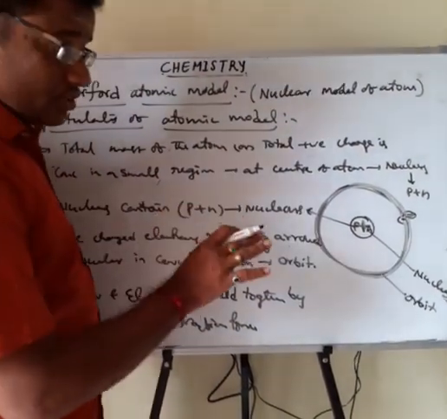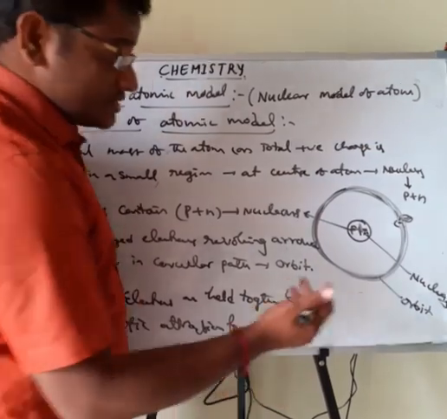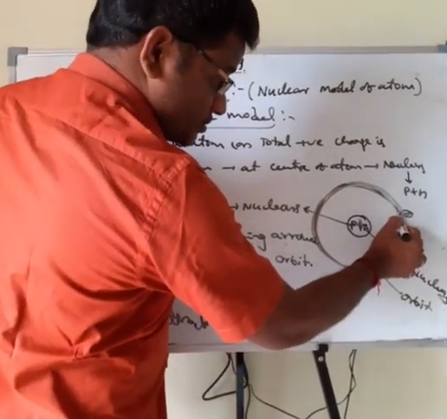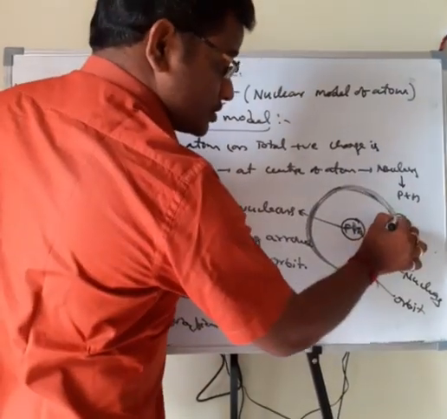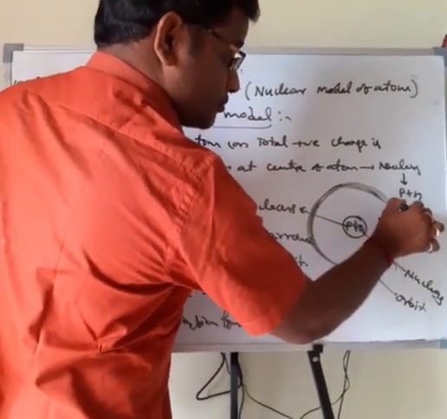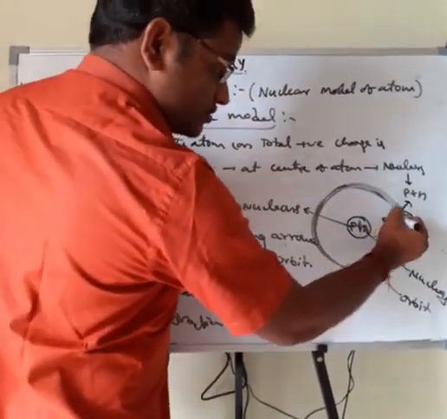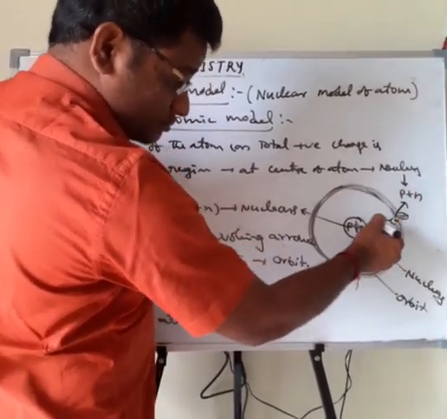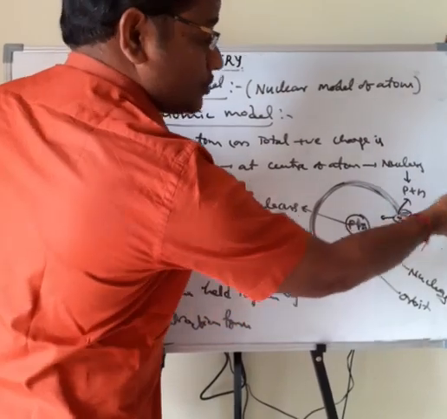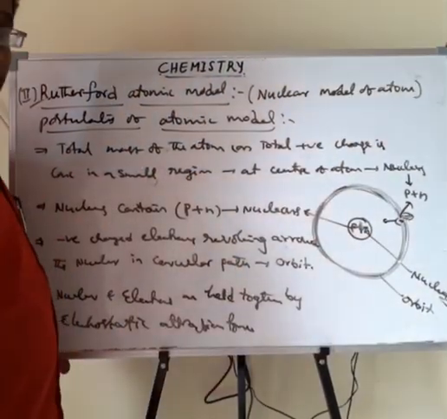That means centrifugal force and centripetal force. The centripetal force means it comes toward the nucleus, and the centrifugal force means it is pulled away from the nucleus. These two forces are equal to each other. That's why electrons do not come toward the nucleus and do not go away from the nucleus.